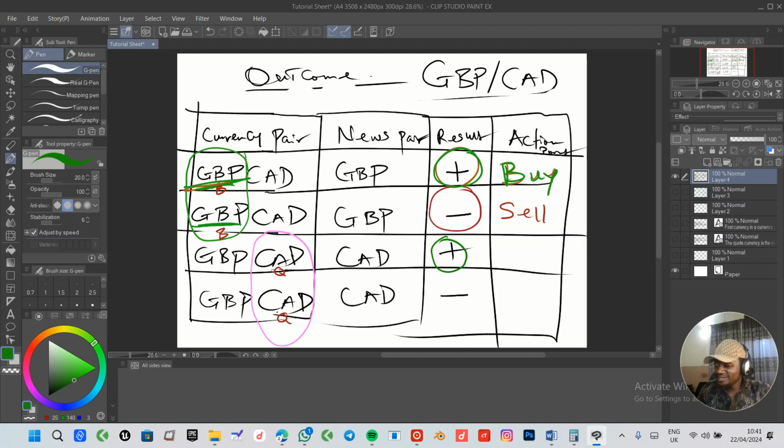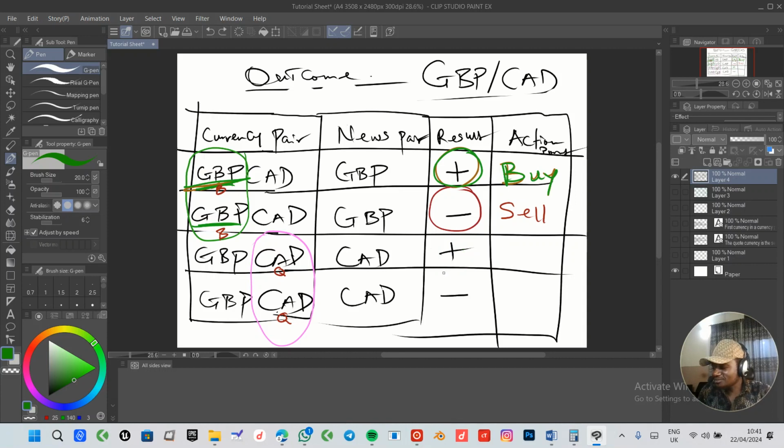Remember, it's no more the base currency now, it's strong. Are you buying or selling? Just say the answer in the comment box. 5, 4, 3, 2, 1. Okay, if you say buy, you are wrong. If you say sell, you are correct.